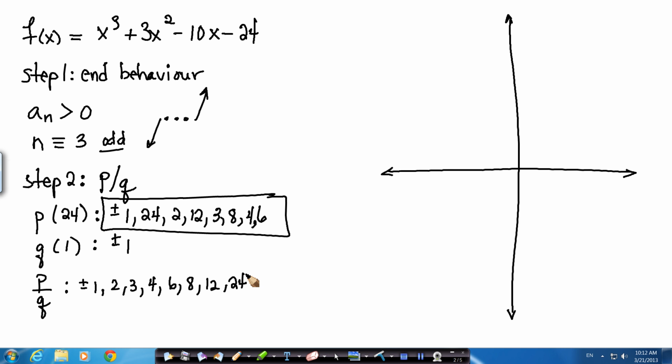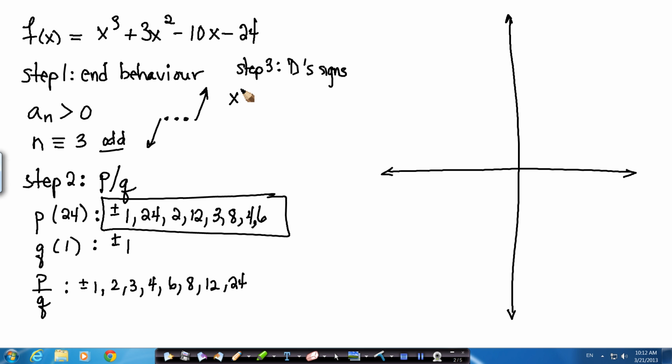Now, next step, right? Step 3 is Descartes' rule of signs. So Descartes' rule of signs says we want to check the amount of times that we switch signs.